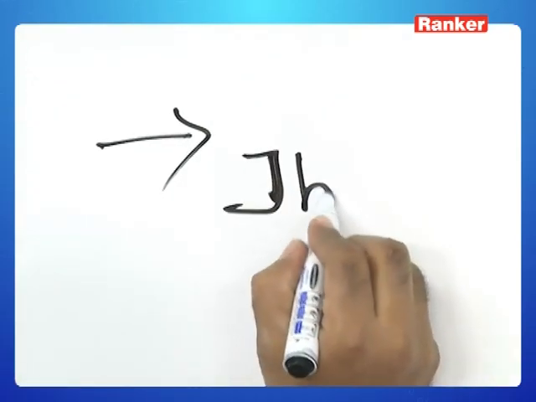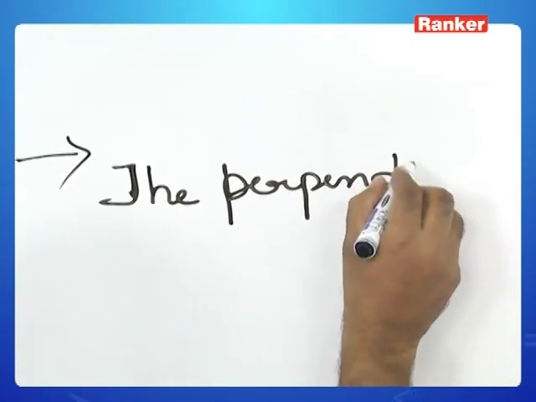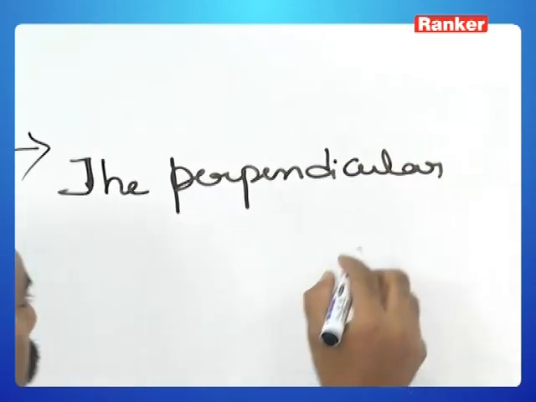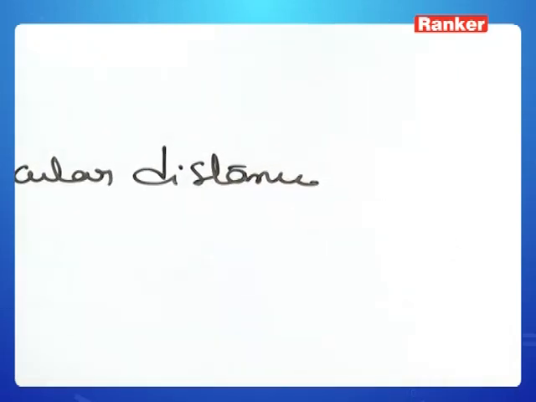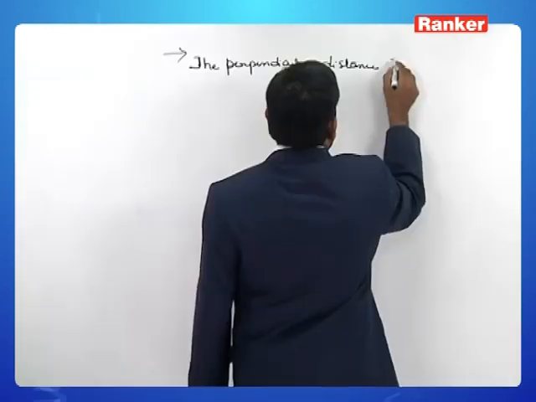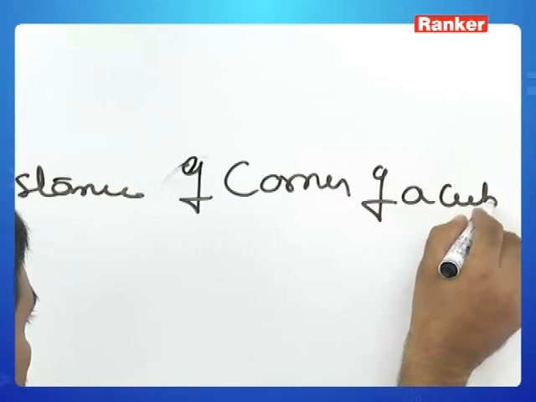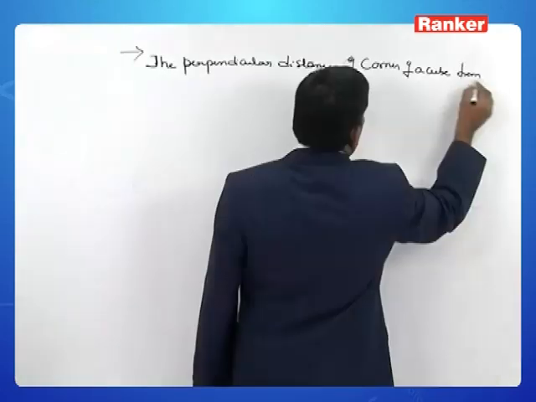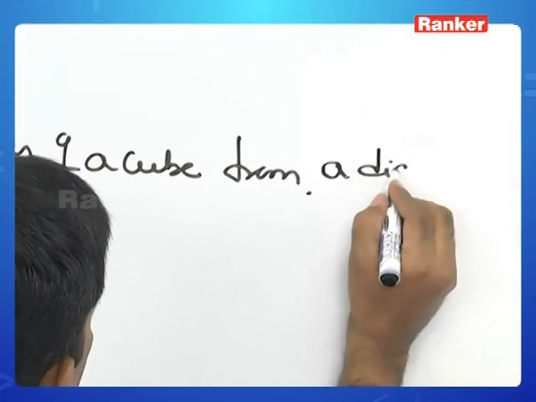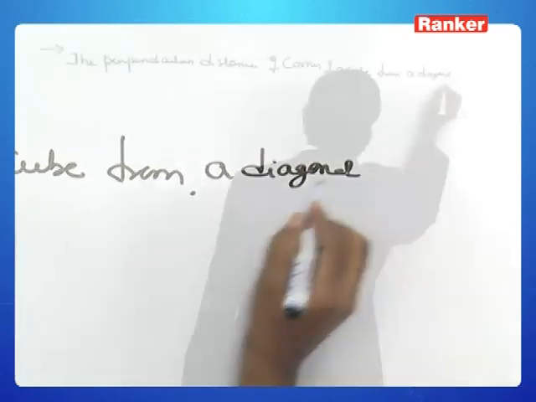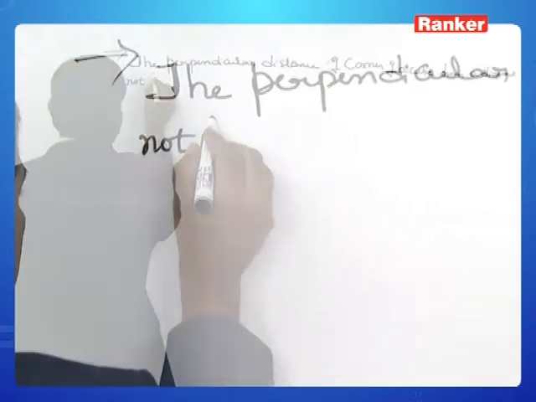The perpendicular distance of a corner of a cube from a diagonal not passing through it.